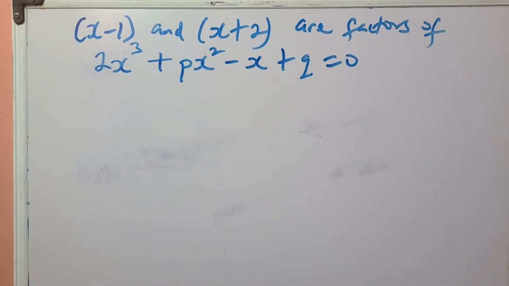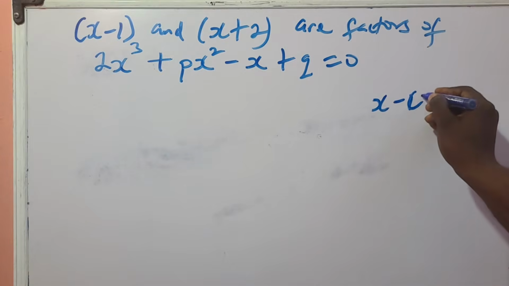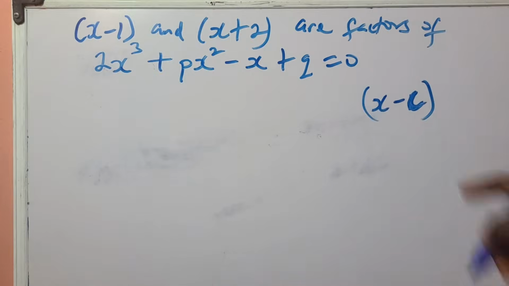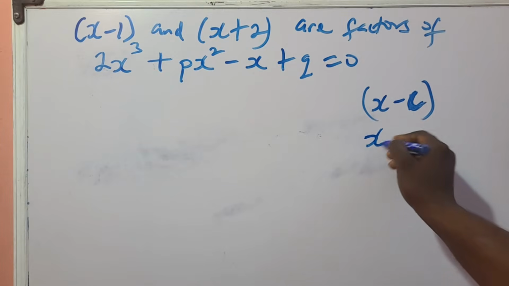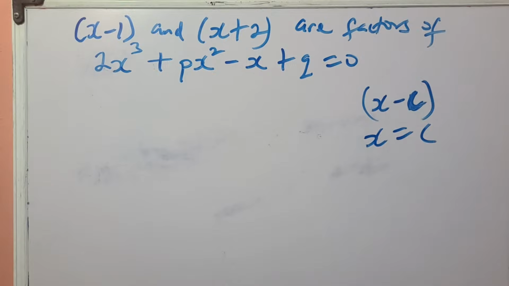So look at the question. This is something we did, I believe, last year while I was explaining polynomials to you guys. We have what we call the factor theorem. And under the factor theorem in polynomial, the factor theorem states that if x minus c is said to be a factor of a polynomial, then that means when you fix in x equals to c into the polynomial, you must get 0 as the answer.